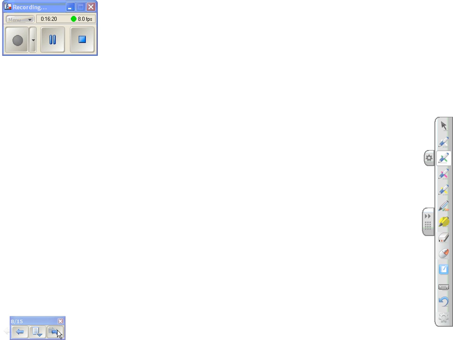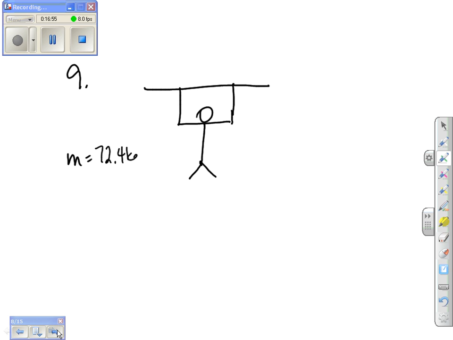Number 9. A spinner and exhausted gymnast hangs, and that should be from a bar, not a burr. Okay, sorry, typo, guys. She hangs from a bar by both arms. So here she is, crazy little girl that she is. All right, she's hanging from a bar, and she has a mass of 72.4 kilograms.